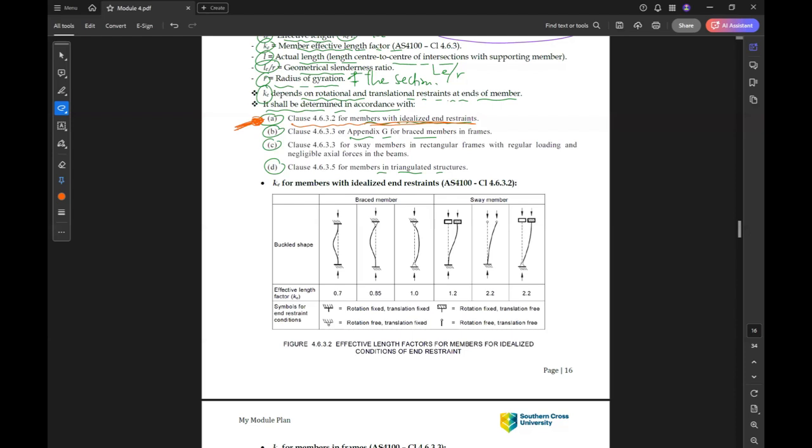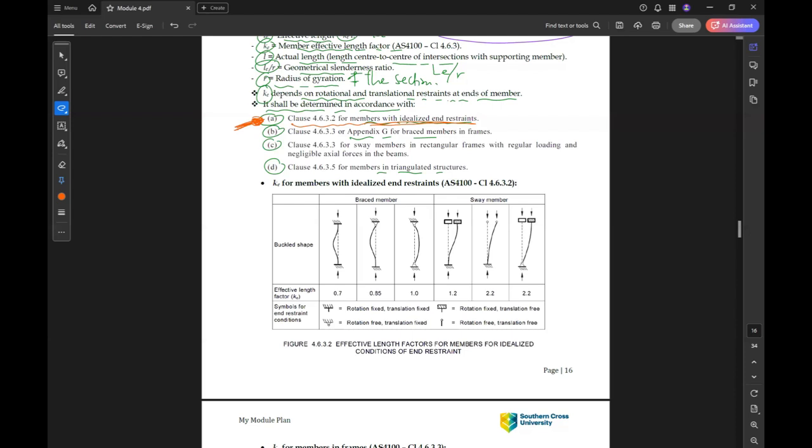For a braced column, we have 2 types of support: fixed end or pinned end. So we can have a combination of the top and bottom end, 3 cases. Case number 1, we have a fixed column.